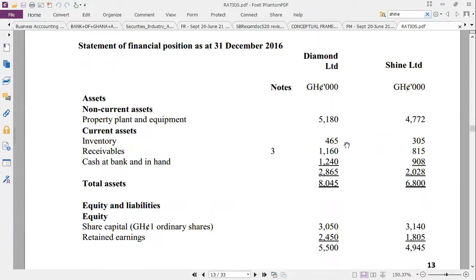So the closing inventory is here, 465 and 305.